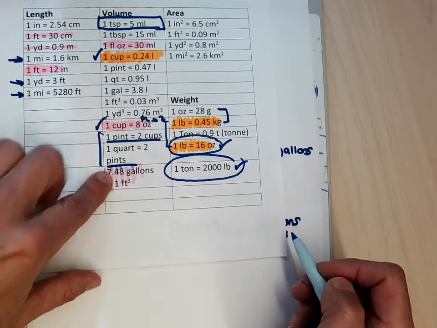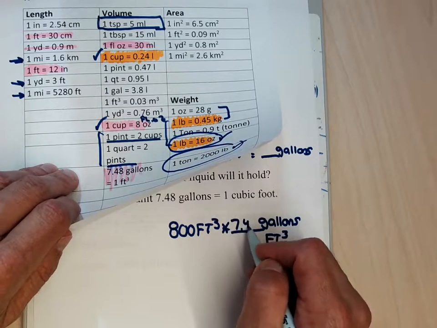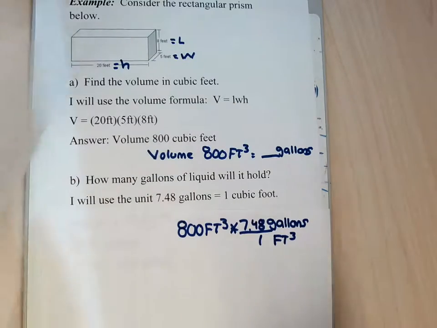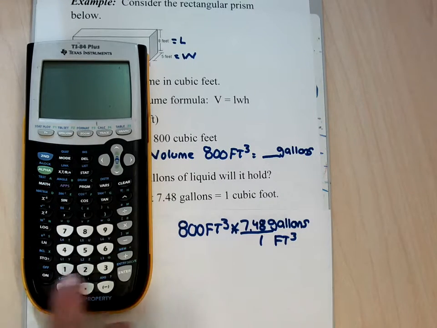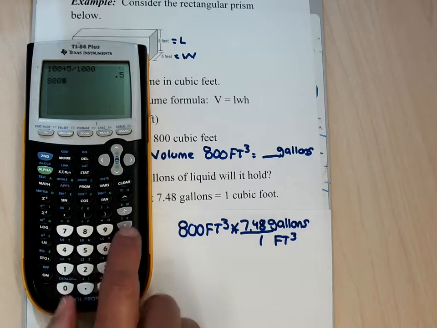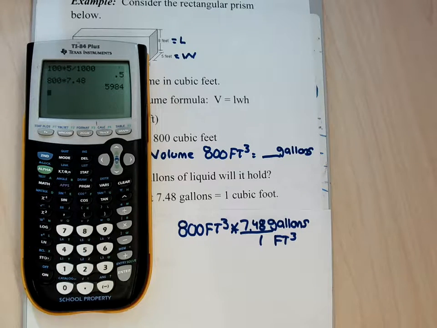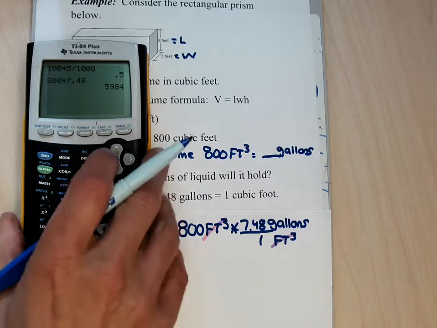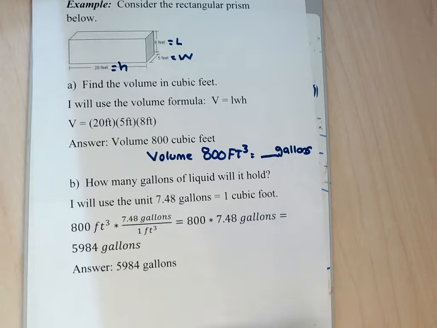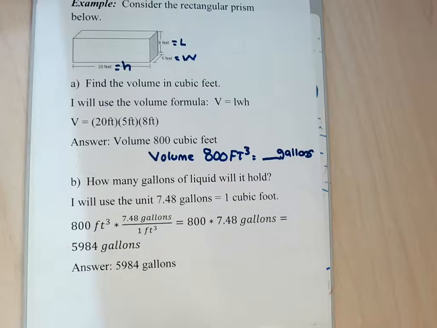Next to the gallons, I'm going to put 7.48, and next to the cubic feet, I'm going to put 1. When I do this on my calculator, I just have to multiply the 800 times the 7.48 to get the numerical part of 5984. The units are going to work themselves out when I cancel out the cubic feet. So how many gallons will this hold? It's going to hold 5,984 gallons.